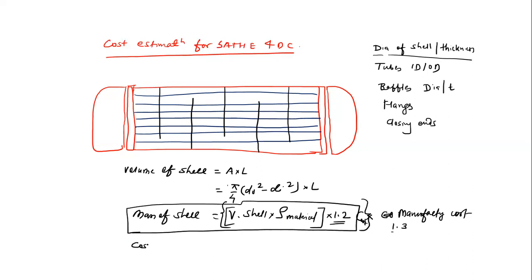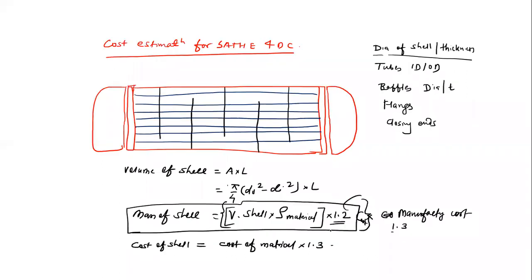So cost of shell, which is cost of material including 20% waste, into 1.3 times for manufacturing cost. So this is basically the total cost of shell.